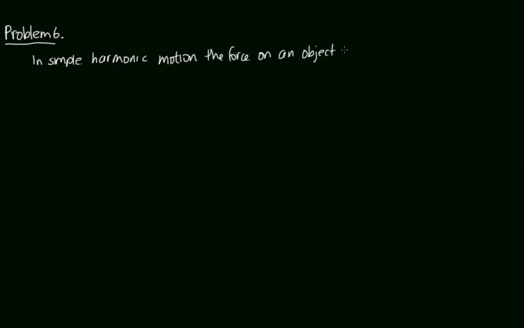Problem 6. So in this question we're asked to define what's meant by simple harmonic motion. So a good definition is that in simple harmonic motion, the force on an object is, and then there's two criteria.